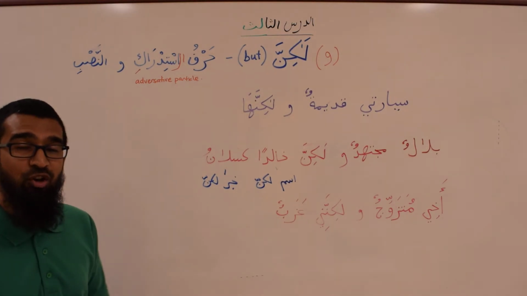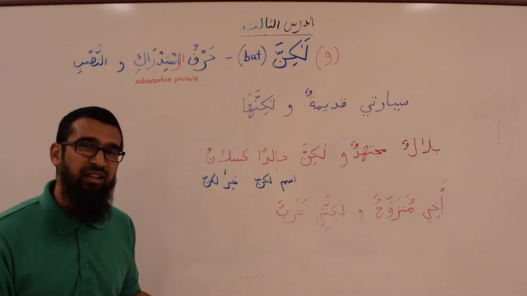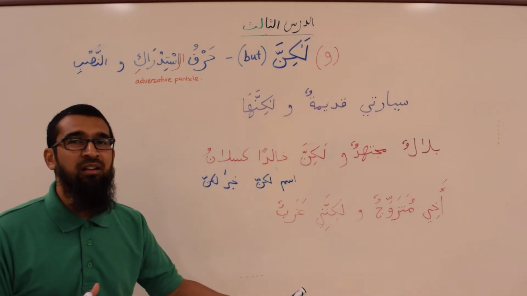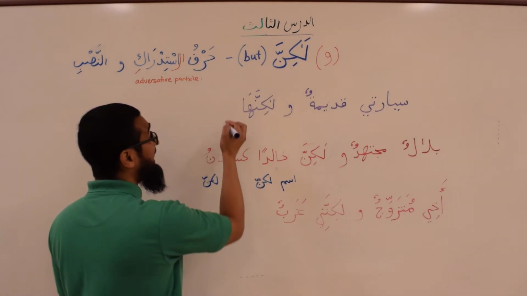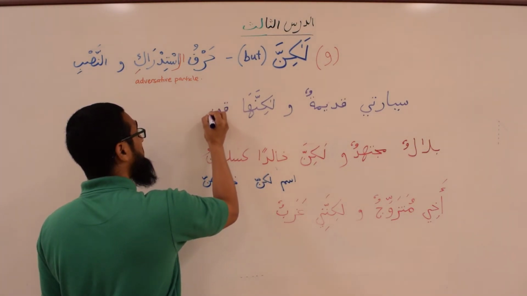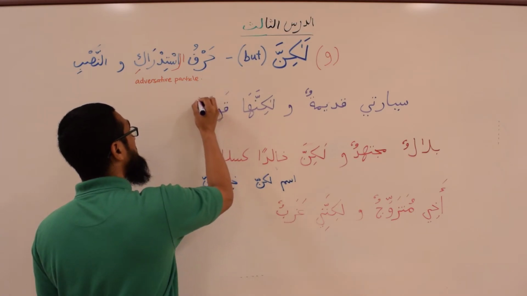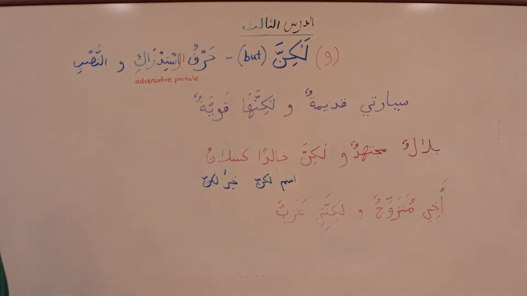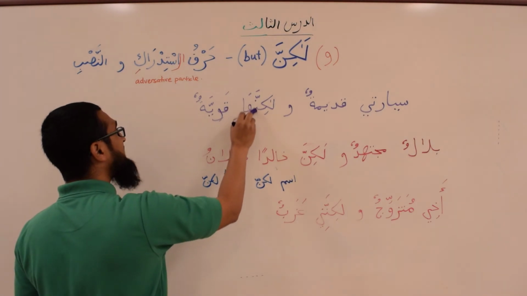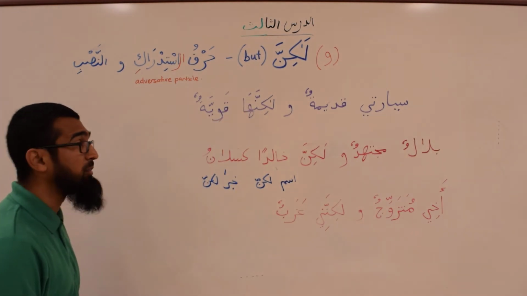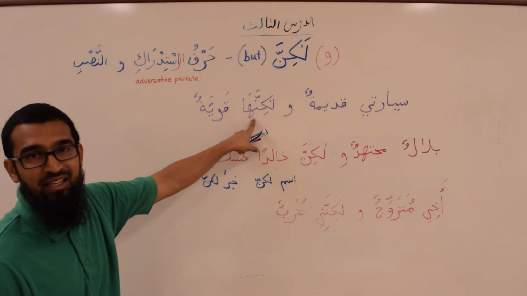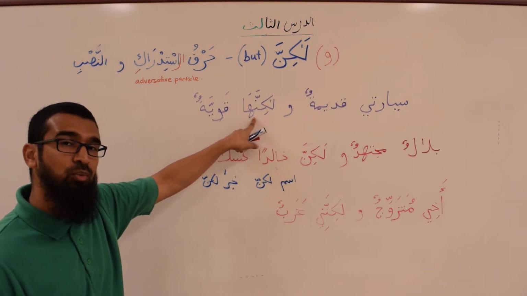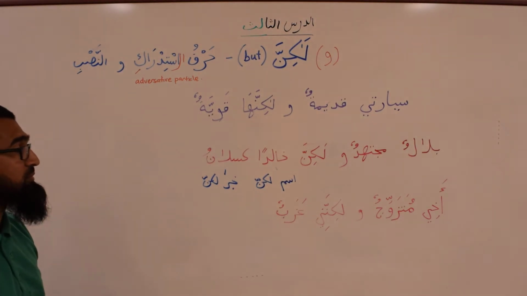Now you would think if a car is old, then it's old and weak, right? It's not too often you expect something to be old but still strong, right? But I'm saying ولكنها قوية. But it is strong. My car is old, but it is strong. So the ha is the ism lakinna, and قوية is the khabar lakinna. Remember, the khabar stays marfu'. This is in a state of nasb, but because it's mabni, we don't say it's mansub, we say it's in a state of nasb.